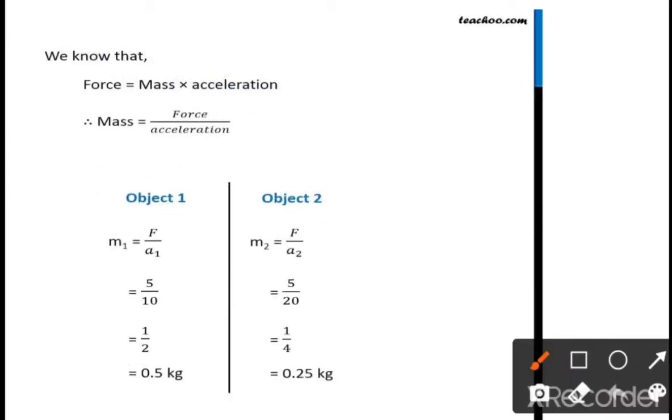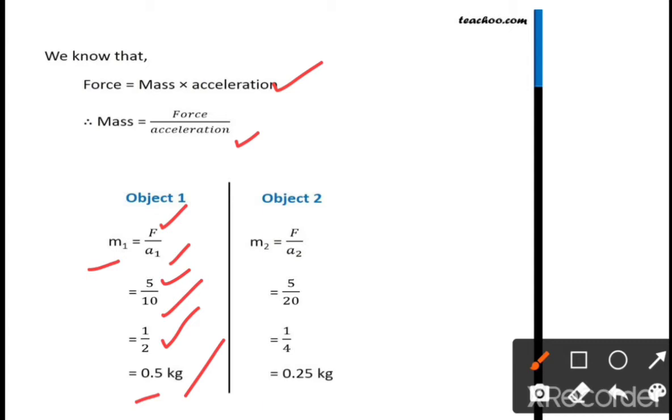We know the formula, force equal to mass into acceleration. So mass equal to force per acceleration. Object 1, the mass m1, force is the same, acceleration a1. The value of force is 5, the value of a1 is 10. 5 by 10 we get 1 by 2. 1 by 2 is 0.5, the unit of mass is kilogram.